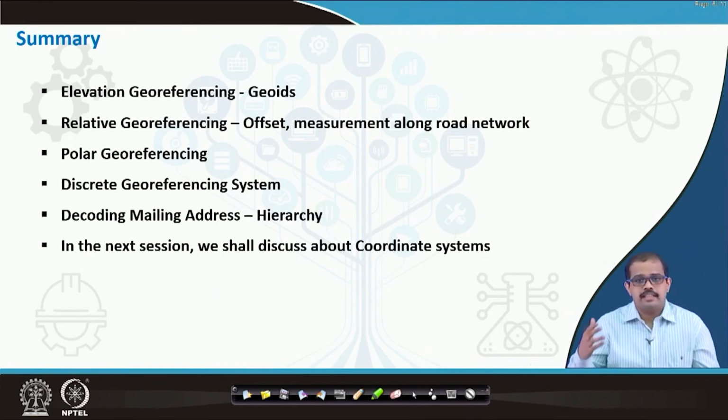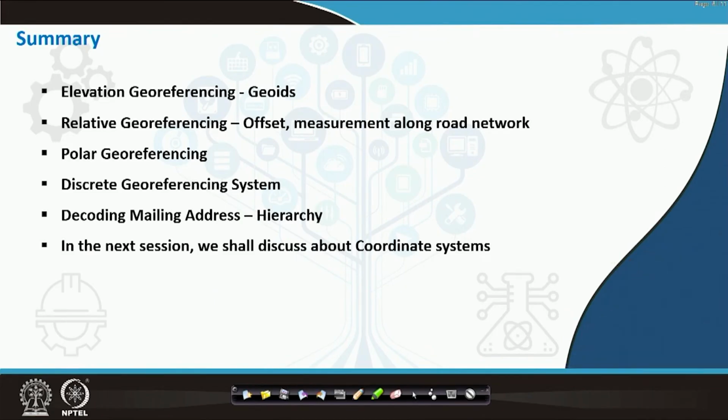In the next session, the next part to be understood is the coordinate system. So now we have understood what a geoid is. We looked at elevation referencing. Next is coordinate referencing. Once we have understood what the earth surface is and what the reference system for the earth surface is, which is a geoid, we move into the next part, where we look at the coordinates.